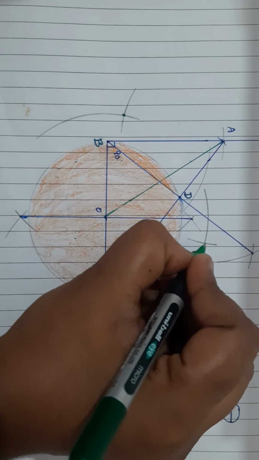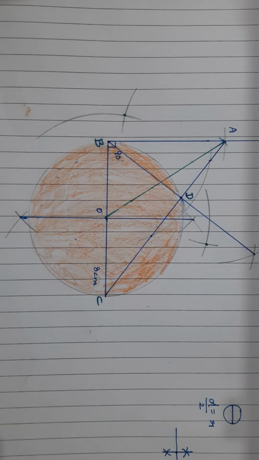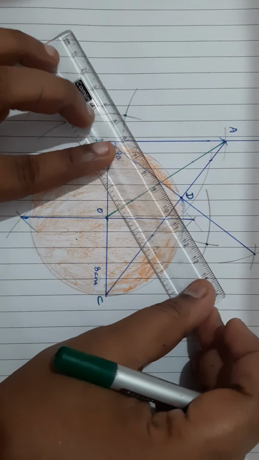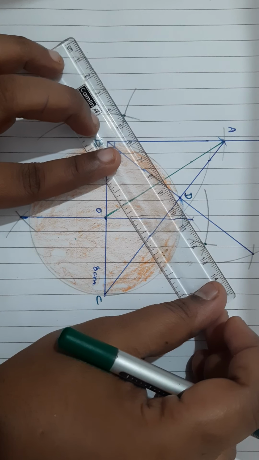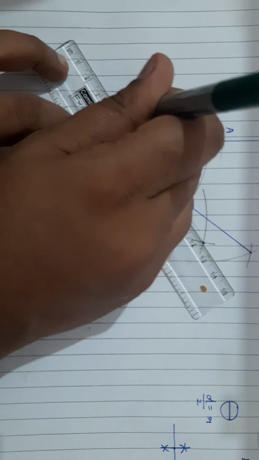I am using the green pen to show you the differentiation. So I am joining this intersection point using my green pen.